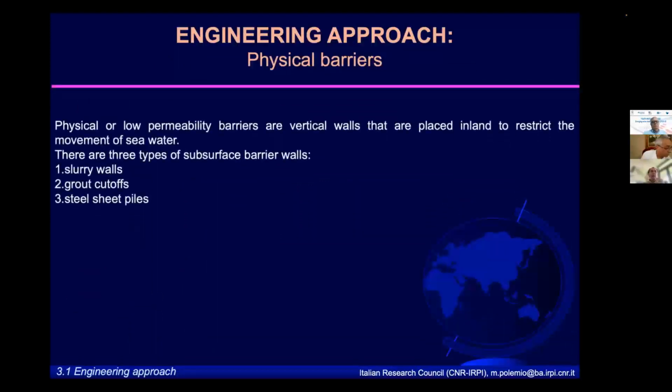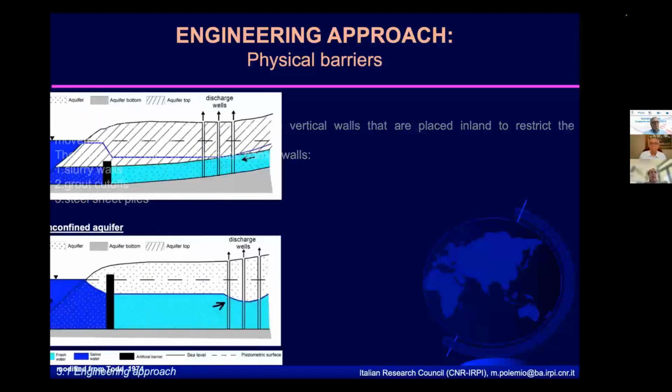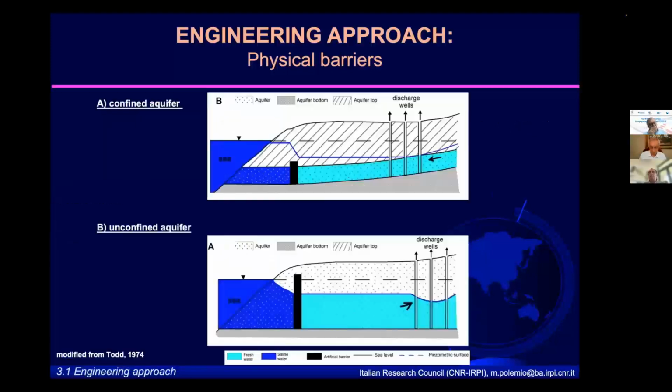Some examples. Typically, the physical barriers are low permeability vertical walls that can be realized in different ways: slurry walls, grout cutoff, steel sheet piles. These are the typical approaches in which we create a discontinuity inside the aquifer between fresh and saline water.